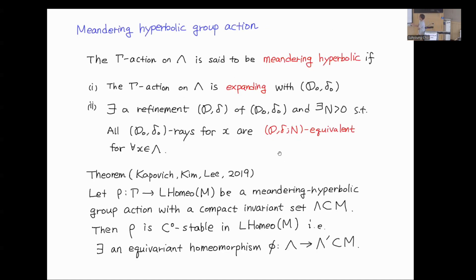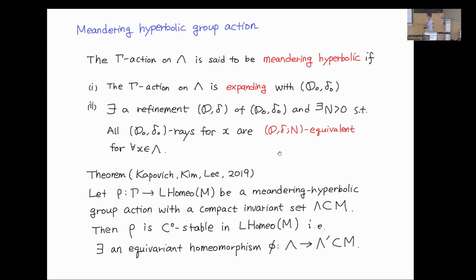So we define the action to be meandering hyperbolic if first, the action is expanding, and second, it is N equivalent on rays. Then you can prove the whole thing as in Sullivan's proof, and we can also prove the well-definedness of phi, because the N-parallel traveling property is essential in proving the well-definedness of phi, right?